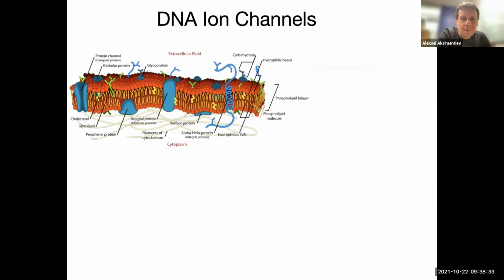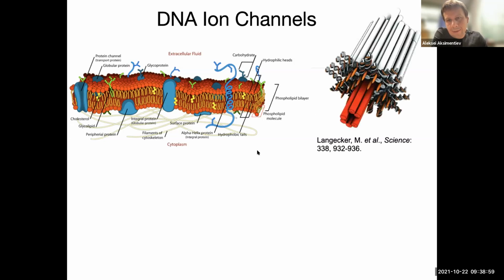So here's a typical biological membrane. You have this very hydrophobic part inside and hydrophilic head groups. So when I say DNA ion channel, you might think I'm crazy because, of course, you know that DNA is a hydrophilic molecule, so it doesn't want to go into a lipid membrane. And that is true, it doesn't. But you can make it go.